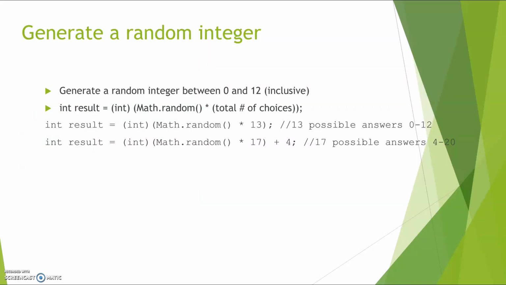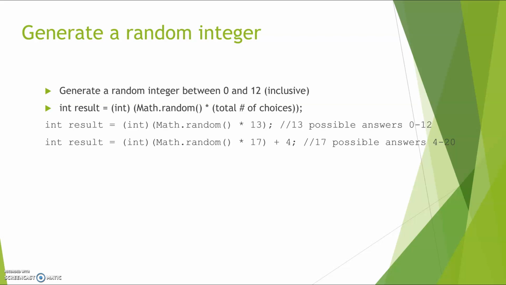To generate a random integer, the Math.random method returns a double that is randomly chosen from the interval of 0.0 to 1.0 exclusive. By casting the result of the Math.random statement to an int, you can generate a random integer. A couple of examples here on the screen: Math.random() times 13.